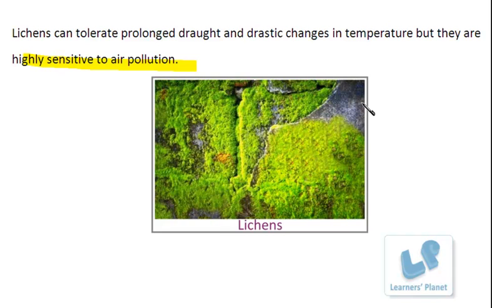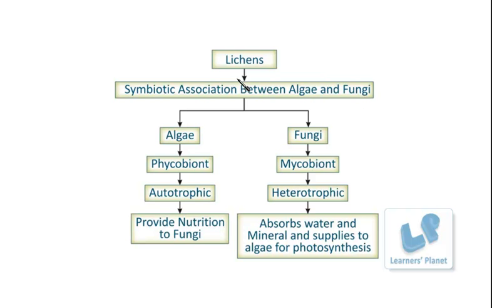Further, I said that lichens are a symbiotic association between algae and fungi. In this, you can observe very easily that there are two partners in this association. One is algae, another one is the fungus.